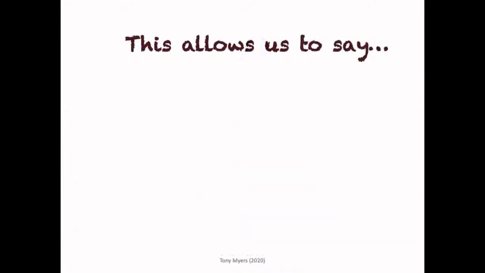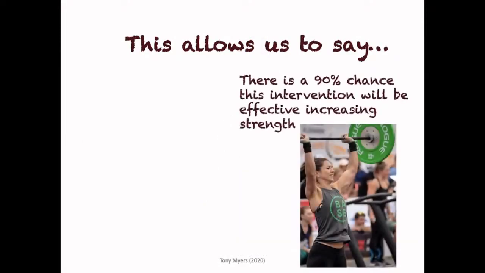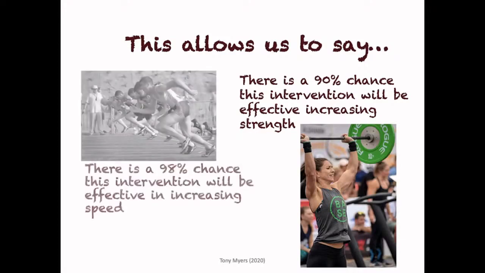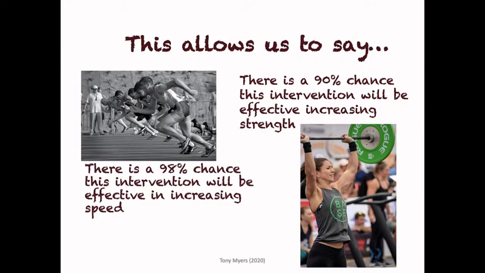What this allows us to say, which we can't say with traditional statistics, if we have an effect, for example, is that there's a 90% chance this intervention will be effective increasing strength, or there's a 98% chance this intervention will be effective increasing speed, depending on what we're looking at and obviously depending on the size of the effect. But we've got direct probability statements about the effect, and that's different.